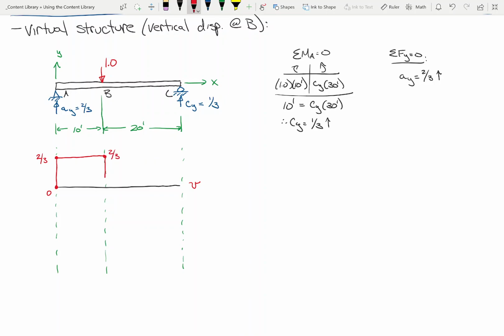Then suddenly drop down to? We get that, right? Then we do some integration, right? 2/3 times 10 is 20/3. This is going to be negative 20/3, right?